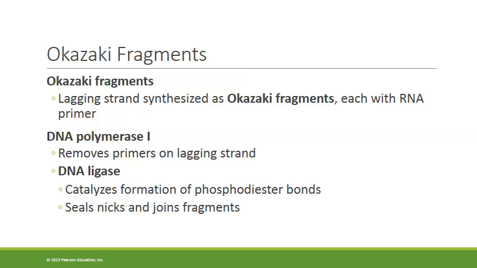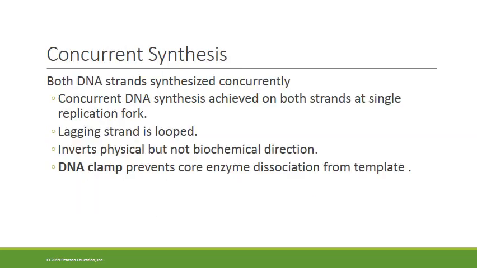The primers at the end can be removed by DNA polymerase, filled in with DNA, and then DNA ligase can ligate the fragments together, giving us a full DNA strand.